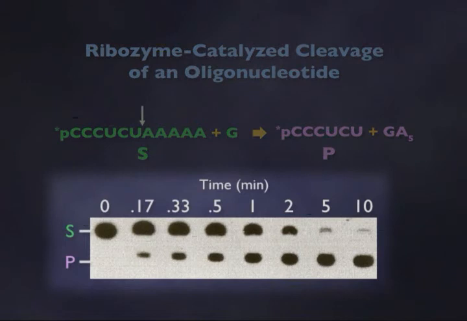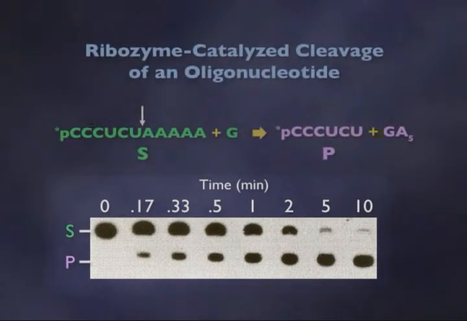And you can see that as time goes on, in the presence of a ribozyme, this substrate RNA is cleaved to give this product, and that in this particular experiment, it depends on the concentrations of the various ingredients how fast this would actually take place. But in this particular experiment, you can see that by 10 minutes, there's been essentially complete conversion of the starting RNA to the cleaved products.